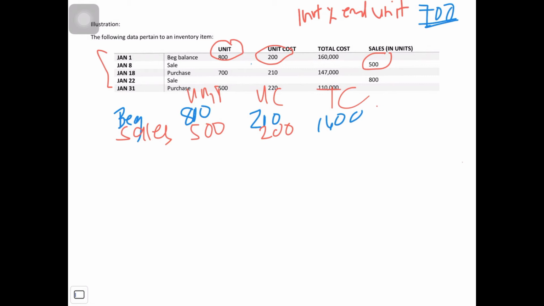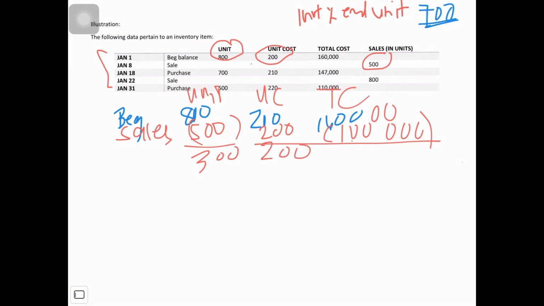Then minus 100,000. This is less because this is a sale. So 800 minus 500, so we have here 300, 60,000. Check if it is still 200 ang unit cost. It's 60 divided by 300, so 200. So pasabot ana if there is a sale, the unit cost will not change.